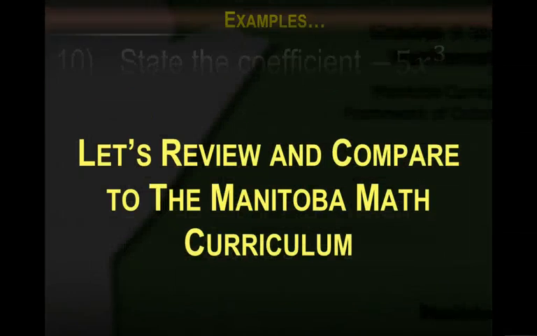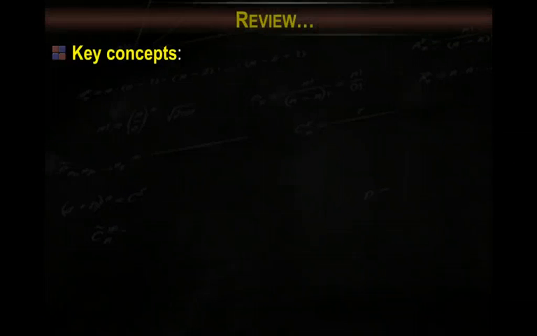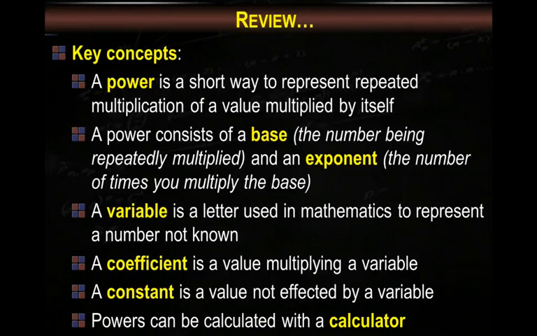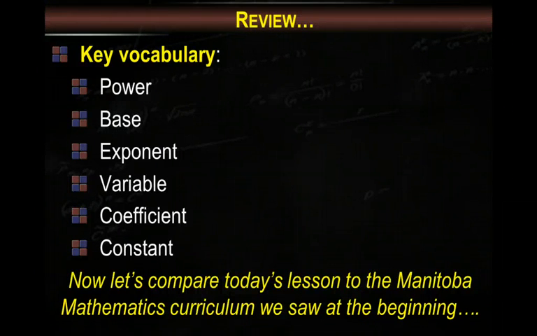All right, as we wrap today, the key concepts of this particular lesson are a power, a base, an exponent, a variable, a coefficient, a constant, and yes, you should use a calculator. So really it's just those words: power, base, exponent, variable, coefficient, constant.